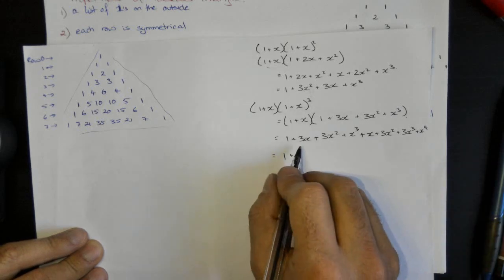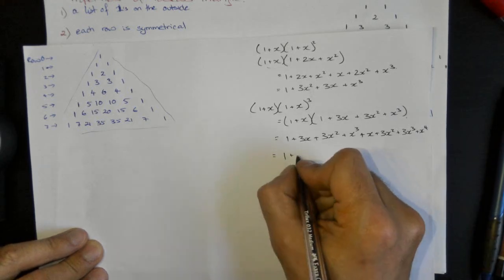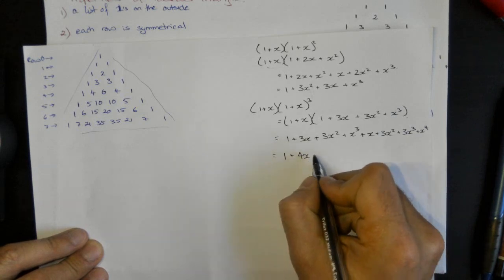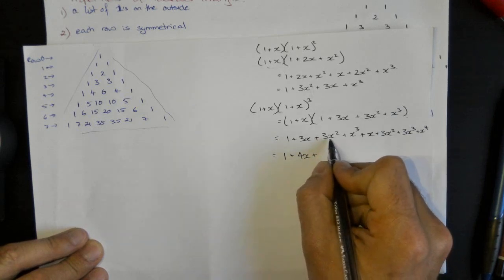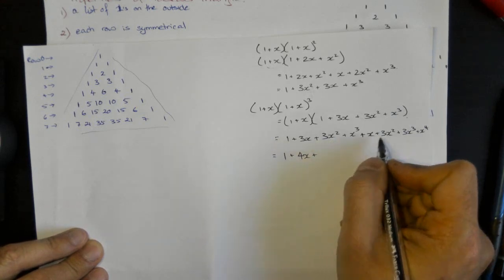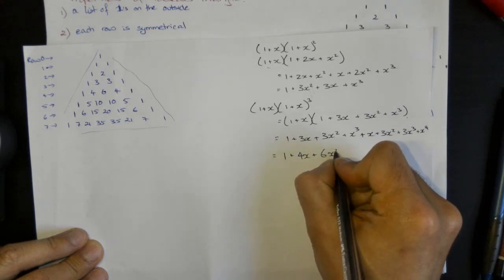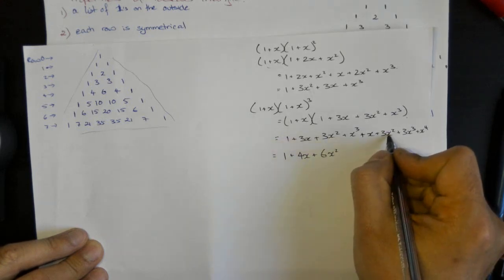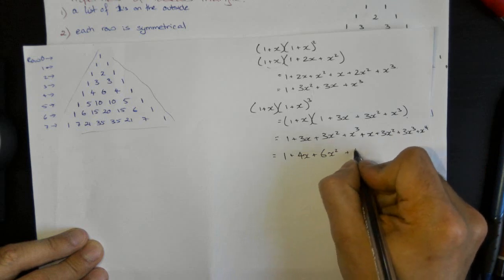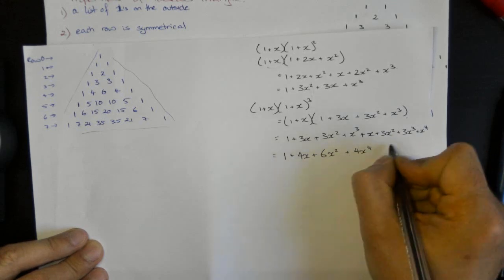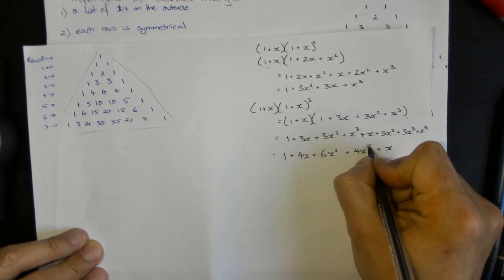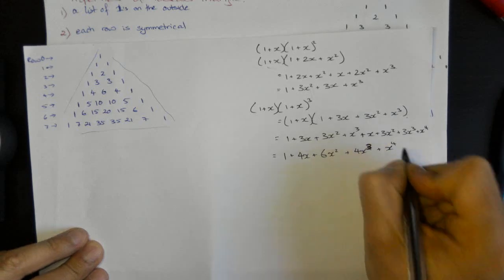Alright, collect like terms, and then we'll do it in ascending order. So how many x's have we got? 3x plus x is 4x. Then x squared, 3 plus 3, we get 6x squared. Now how many x cubes? We get 4x cubed, and then we get 1 x to the power of 4.